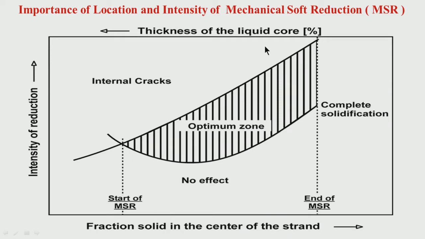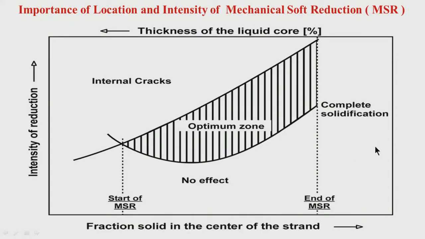So it is a combination of location and intensity which will impart the desired effect and give us a sound product where there is no central crack, the central segregation is not pronounced but rather distributed. So we have a relatively good quality cast where the central area is of desirable quality.